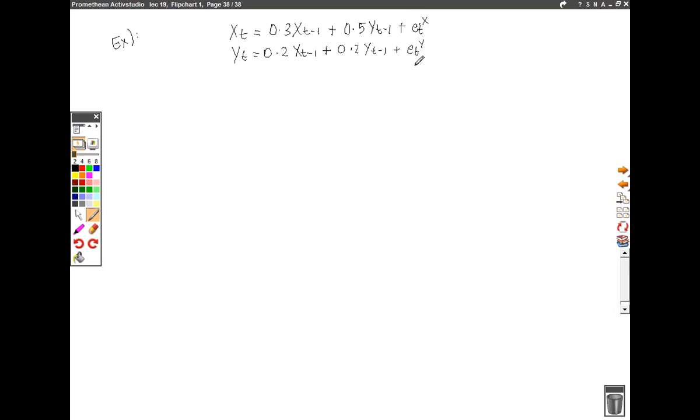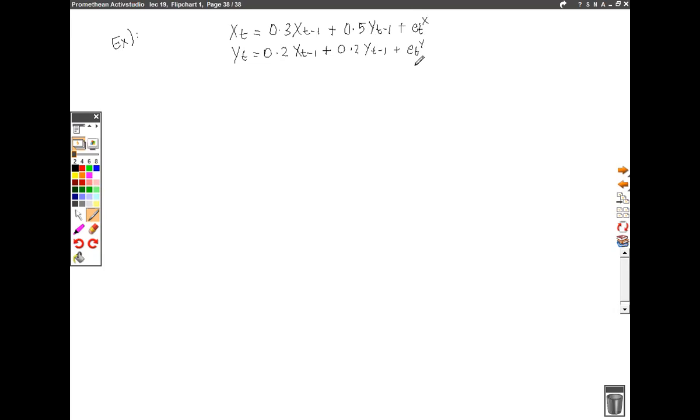So I have these two processes, and as you can clearly see, the main motive to solve for these models using a multivariate time series model is that my xt not only depends on xt minus 1, but also on yt minus 1, right?